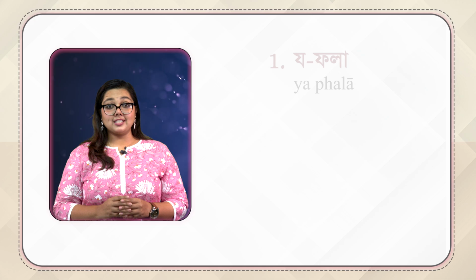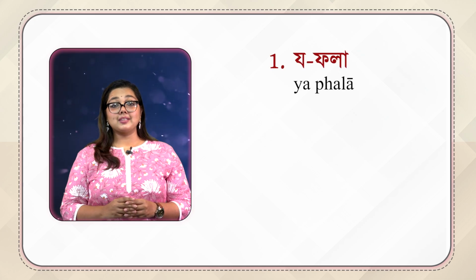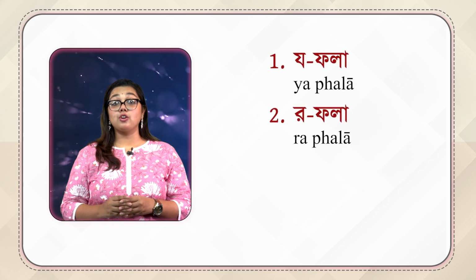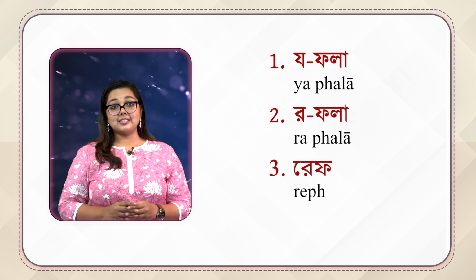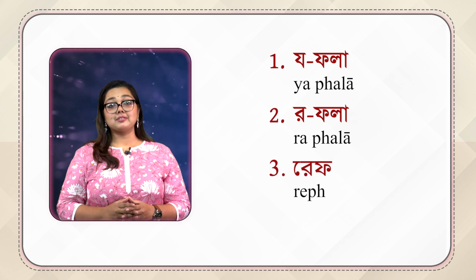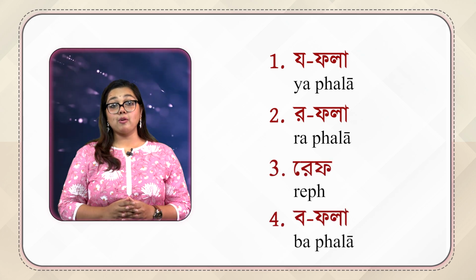We will delve into the set of letters of the Bangla alphabet. First is ja phalā, second is ra phalā, third is ref, fourth is ba phalā. Let's take a closer look at each of them one by one.